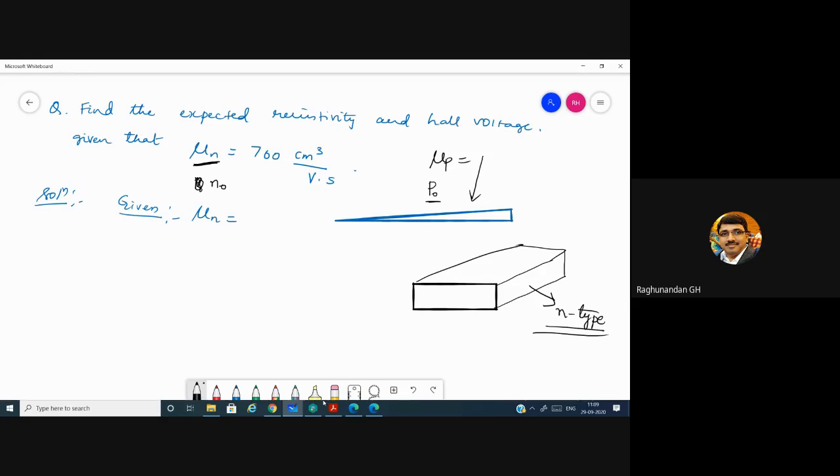The resistivity symbol is rho. If you go back to the derivations we have done till now, for resistivity we have written a very simple equation. Can you tell me what is that?